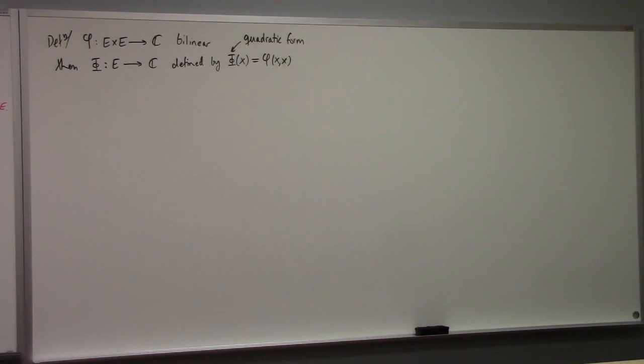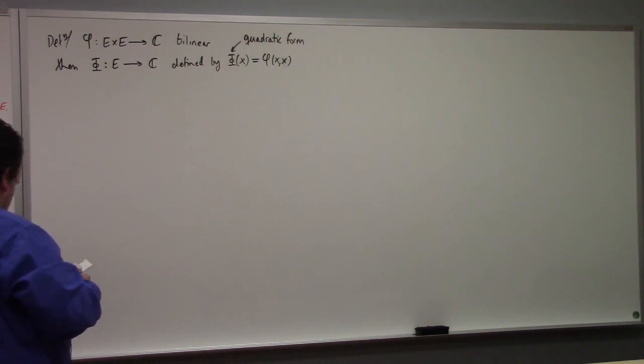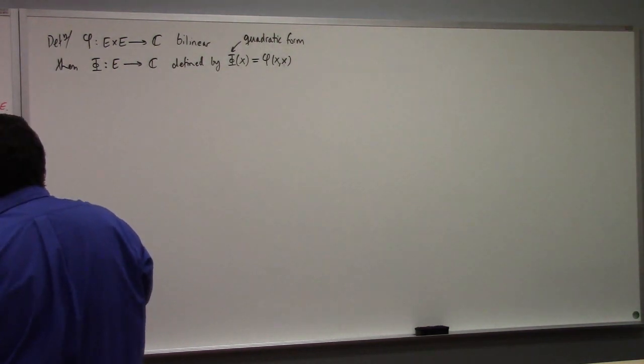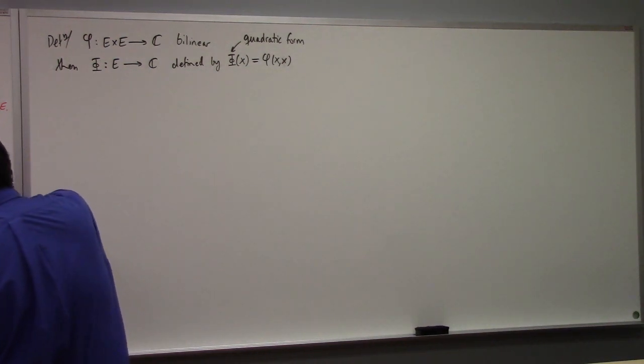And he says a quadratic form, big phi, on a normed space E is called bounded if there exists a constant. So he's going to go ahead and get his definition of bounded done with. What does it mean to have a quadratic form that's bounded?